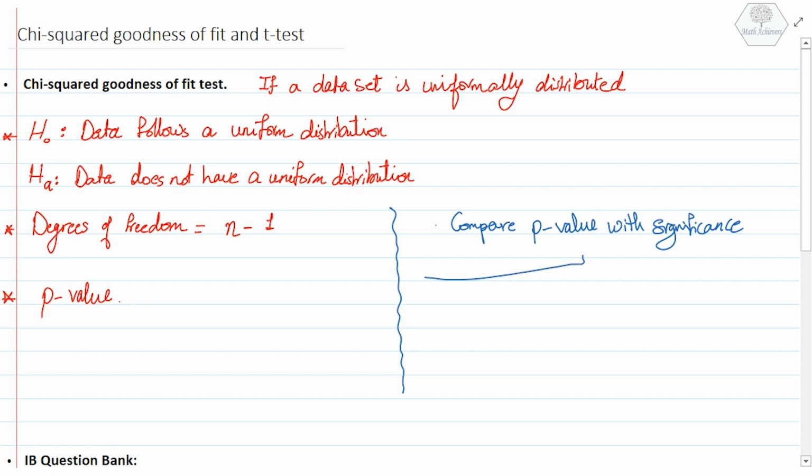If the p-value is less than the significance level, then we reject H0.